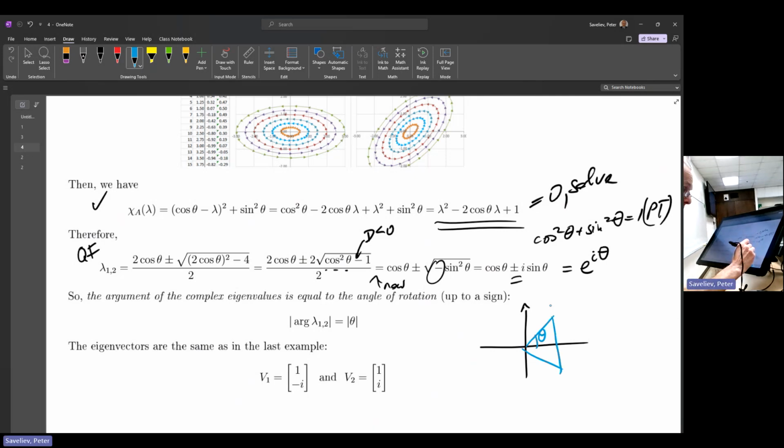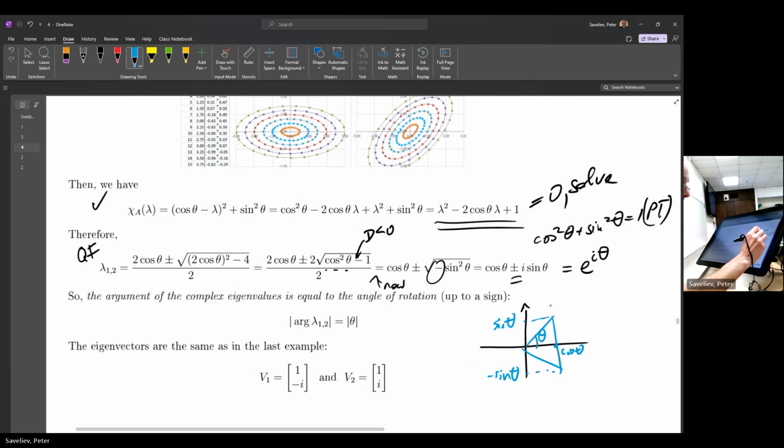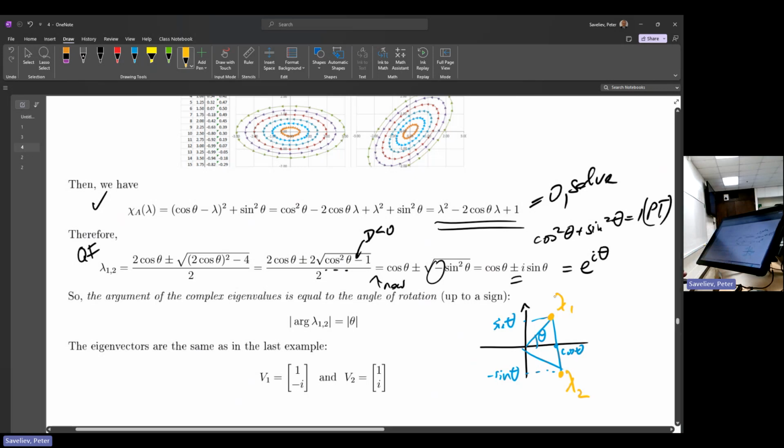This is cosine theta right here, and this is sine theta, and this is negative sine theta. So the two eigenvalues that we have found, this is lambda 1 and this is lambda 2. They are complex conjugates. And so this is my complex plane. As I said, theta is the angle, the argument, as is the terminology that we use.